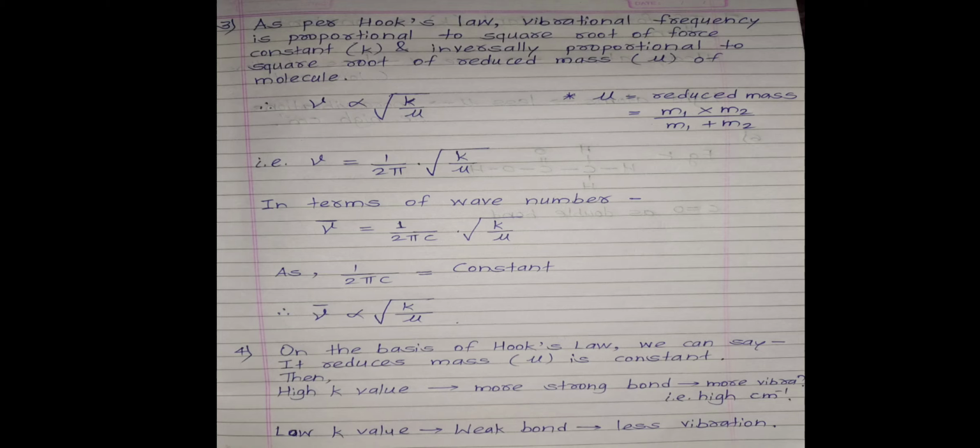When low k value, we get a weak bond and less vibration. This is the fourth point in Hooke's law.